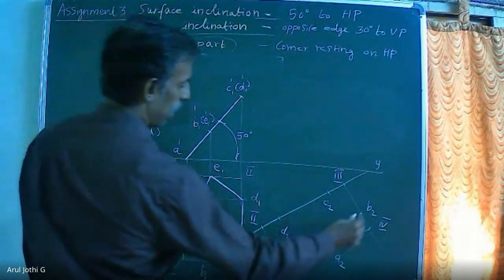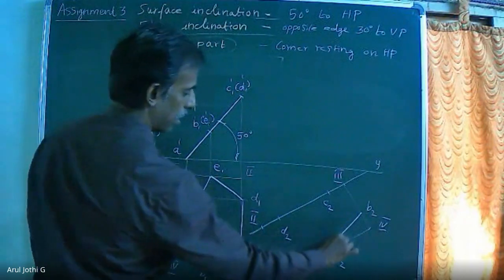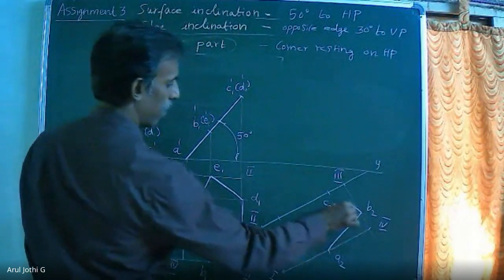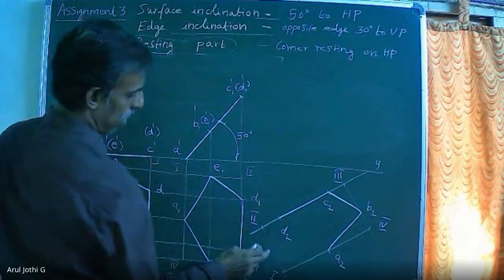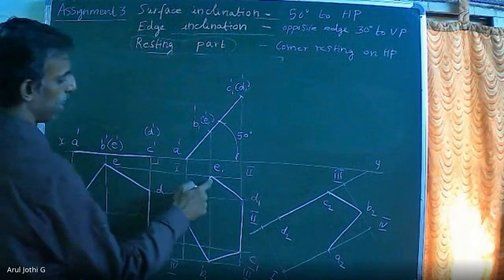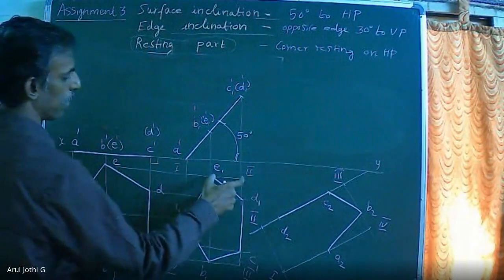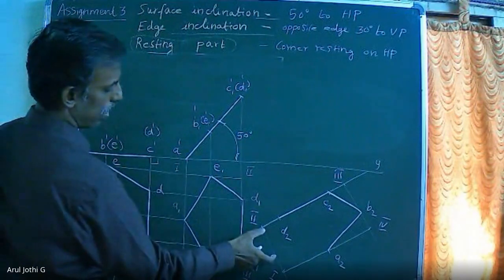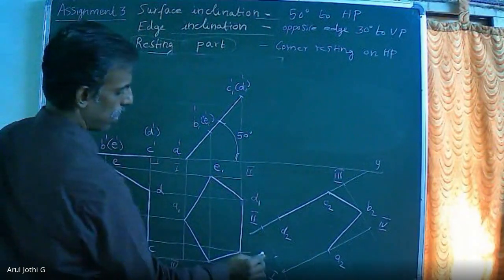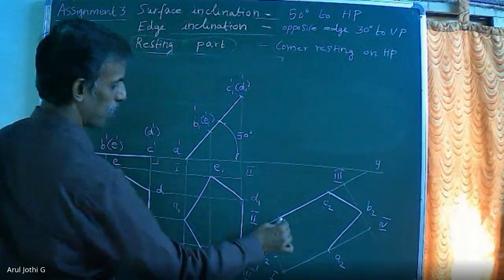Now join all the points A, B, C, D. Here you are having E. Corner point E available on 2, 1. Measure 2, E1. This will be E2.